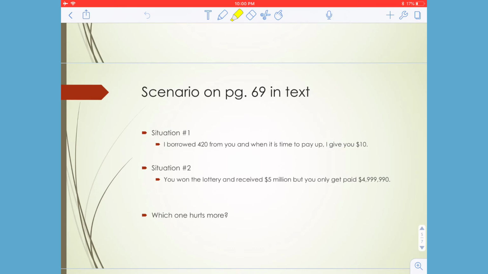Can't even say it because I've never seen that kind of money, right? Think about which one would hurt more. And obviously, I think it's pretty easy to look at that and say, okay, if we're dealing with money in the millions, that's not going to affect us too terribly.